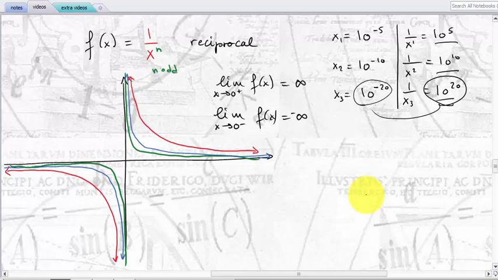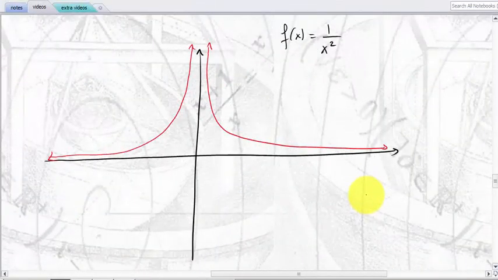Well, let's take a quick look at it. If n is 2, for example, 1 over x squared, then the output cannot be negative, right? So this branch that was here when n was odd is going to be flipped because no output can be negative, and we're going to find it right here.